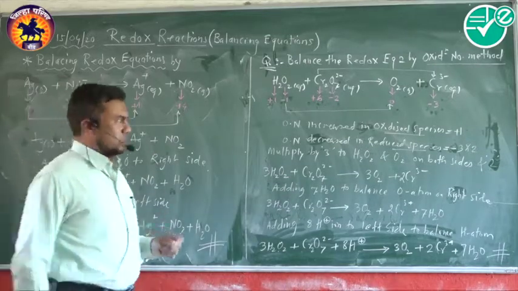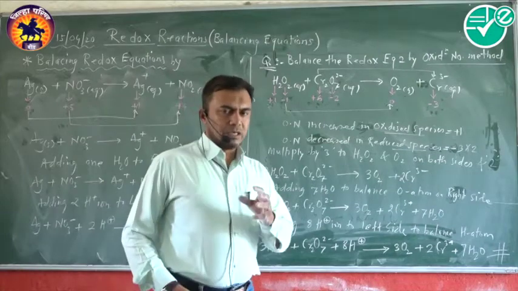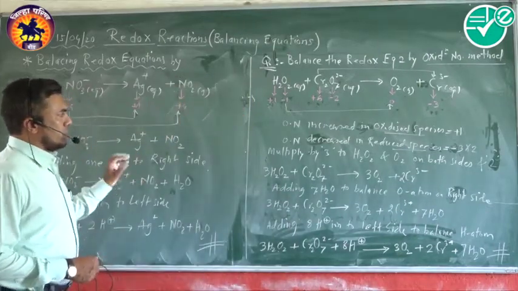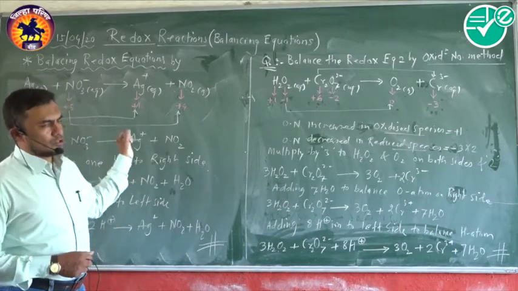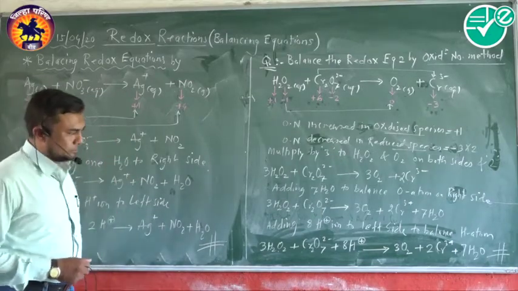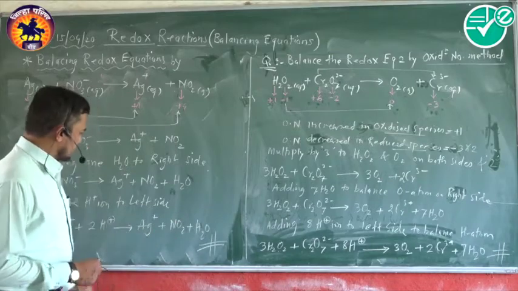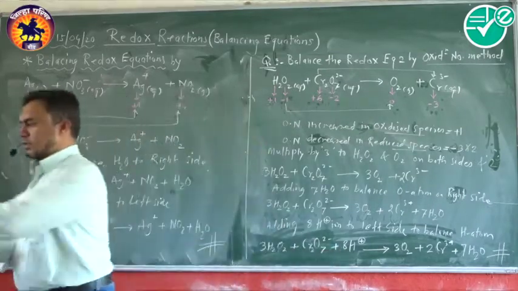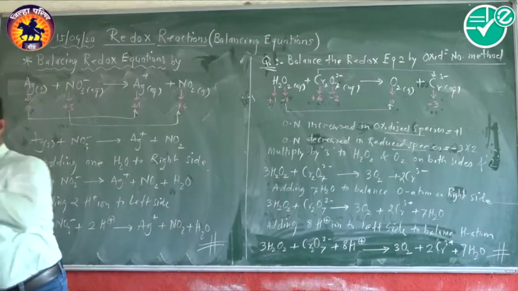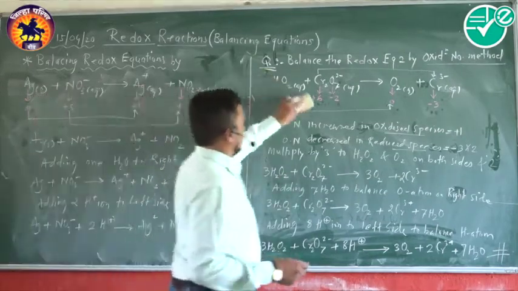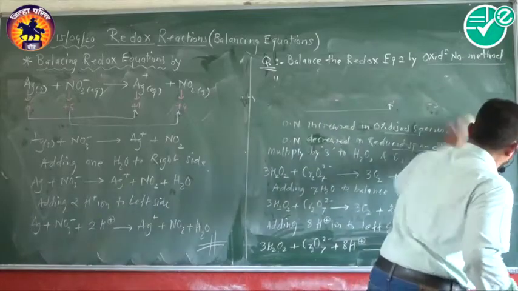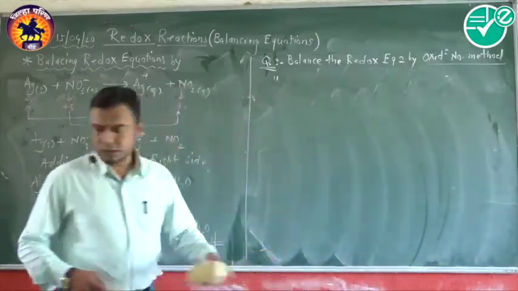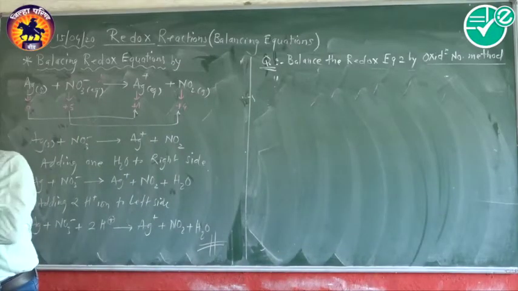But before that, I'll just show how to balance the redox equation with the help of the oxidation number method if the reaction undergoes in basic medium. Now we'll take one example here. I'll take another example. Take down another equation.